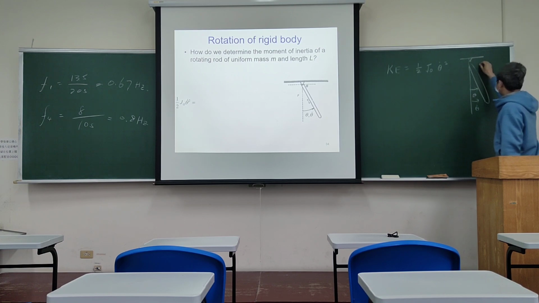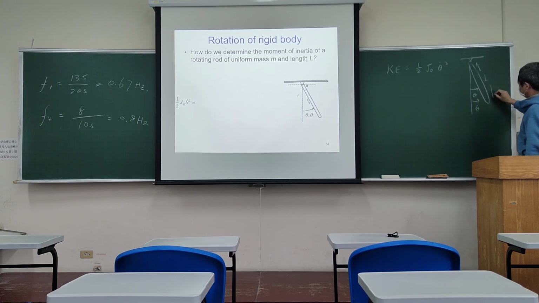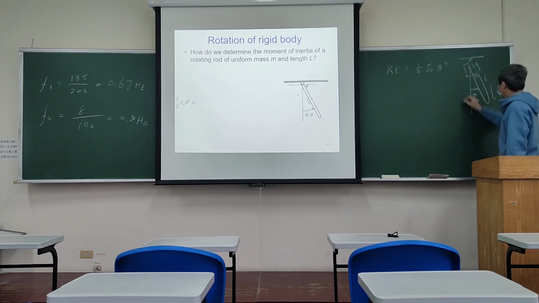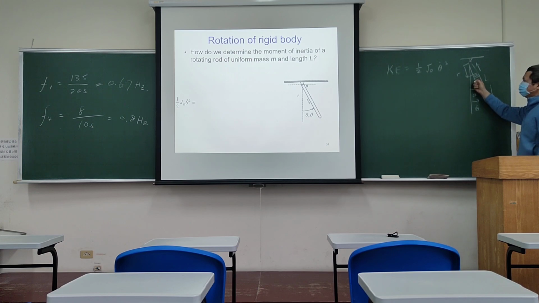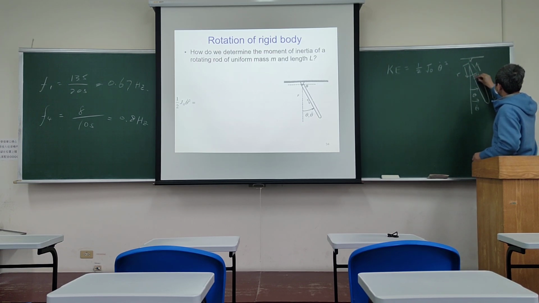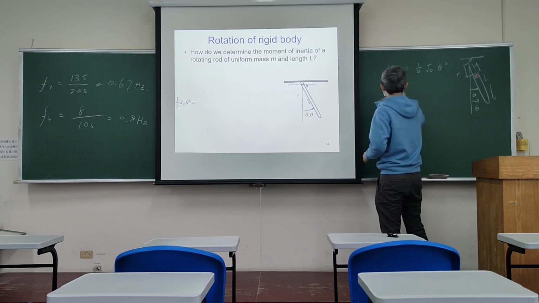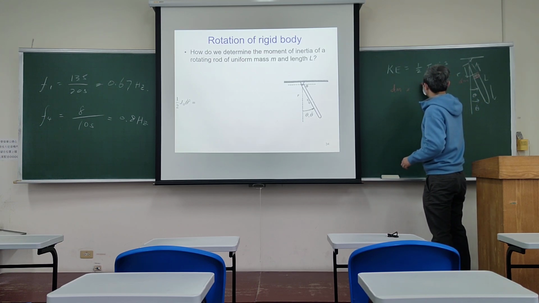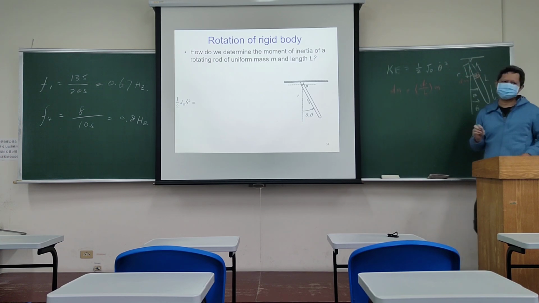So this rod has a length L, and it carries a small mass, dm. This dm is the small length over the total length times the total rod mass.